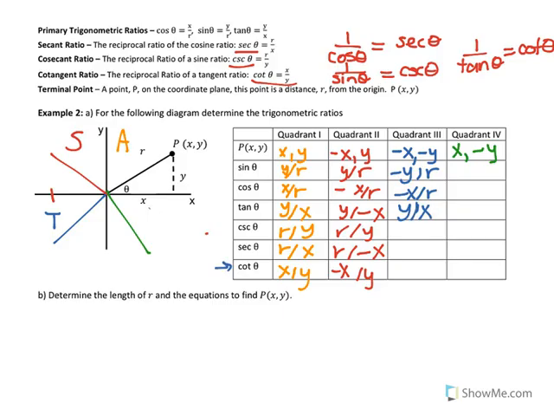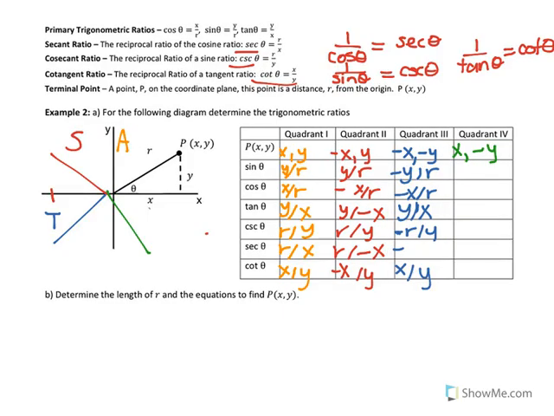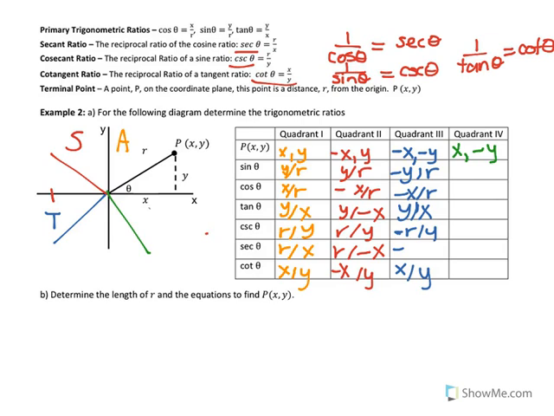And that means my cotangent is also going to be positive, x over y. And these will both be negative, not because the r is negative, but because the y is negative. I'll rewrite that. Okay, so only tangent is positive there.